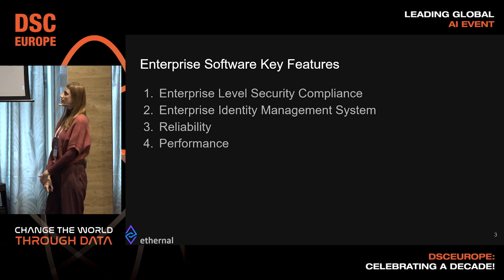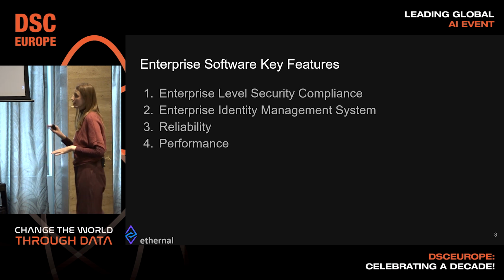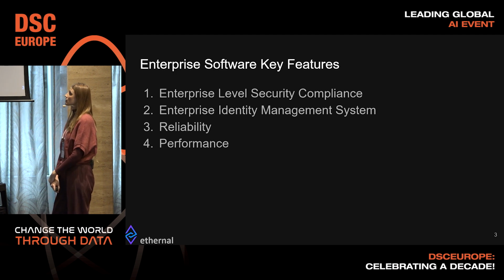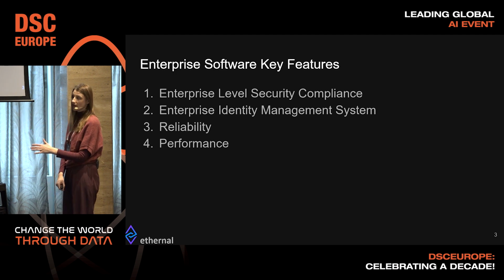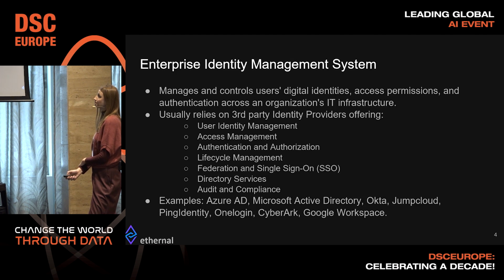The third and the fourth key features are important, but they are embedded in the software itself. For this integration to be explained, I will focus on the second key feature and the first feature, and I will present the solution that we have implemented that basically includes these features.